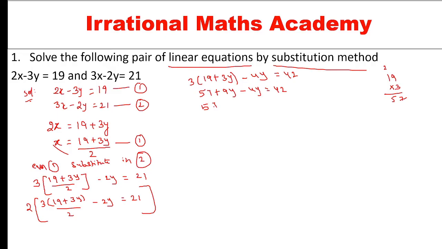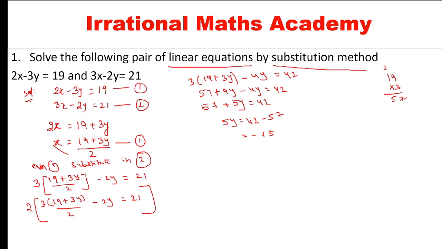57 plus 9y minus 4y, you will get plus 5y equal to 42. 5y equal to 42 minus 57. So what I'll get here, minus 15.